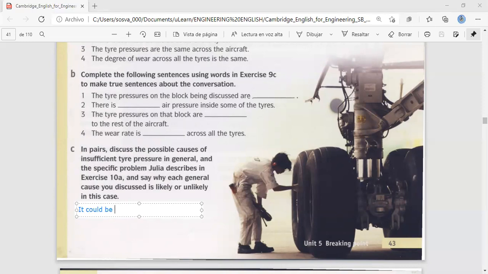And I consider the technician must do one inspection or, I don't know, one routine. And that was great because you used the vocabulary of it could be, it might be, and stuff like that.